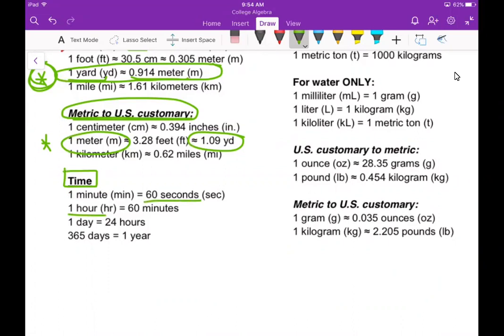I have to go from hours to minutes and then minutes into seconds. So I'm going to have to use 2 conversion factors to get from hours to seconds. And that's okay. So notice the first thing I can do is get from hours to minutes.